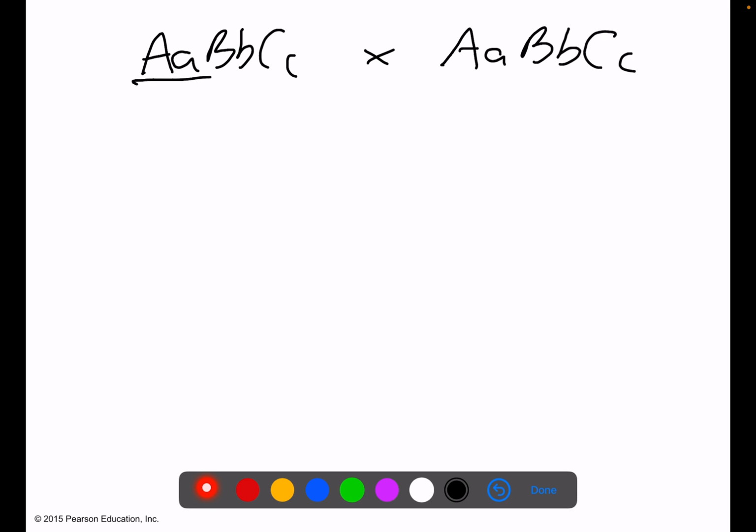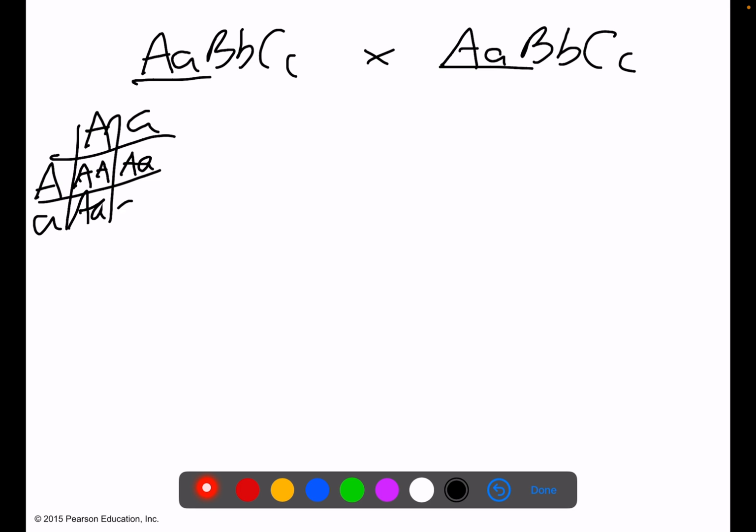And again, you can do the A's by themselves. And you can ask, well, maybe we had a question like, what are the chances that they'll have a child that's darker than both of them? All right, so the chances of that happening seem to me to be 1 out of 4.